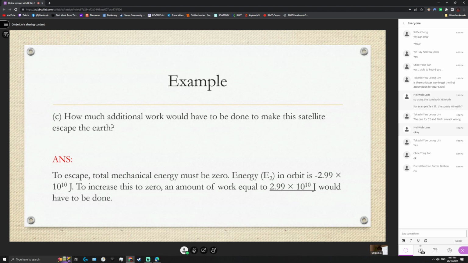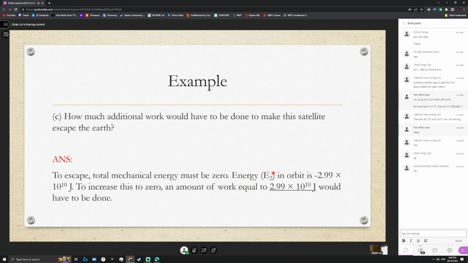And part C, how much additional work would have to be done to make this satellite escape the Earth? To escape, this is the criteria: total mechanical energy must be 0. Remember in the previous example when we found the escape velocity, the criteria is also that to escape, there will be no energy left. So mechanical energy must be 0.